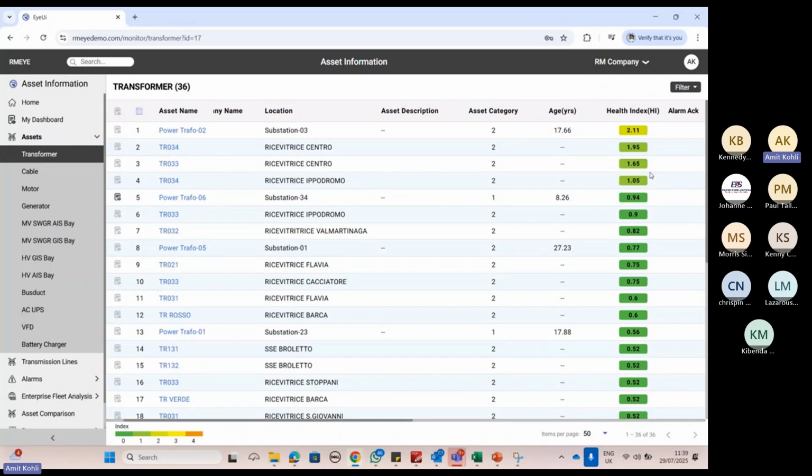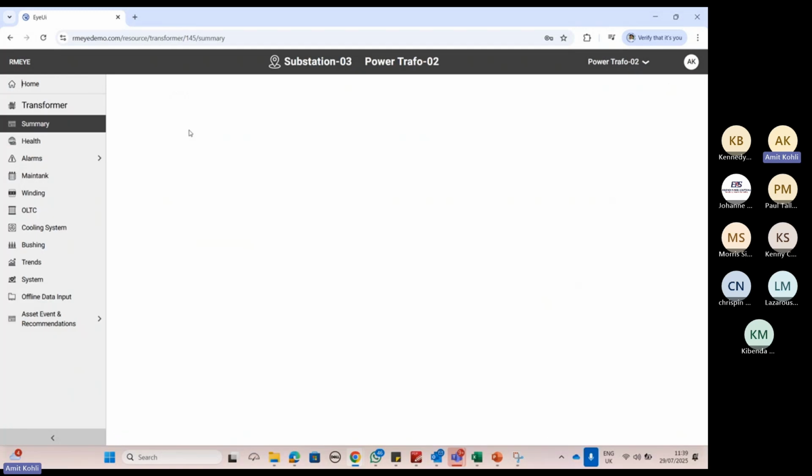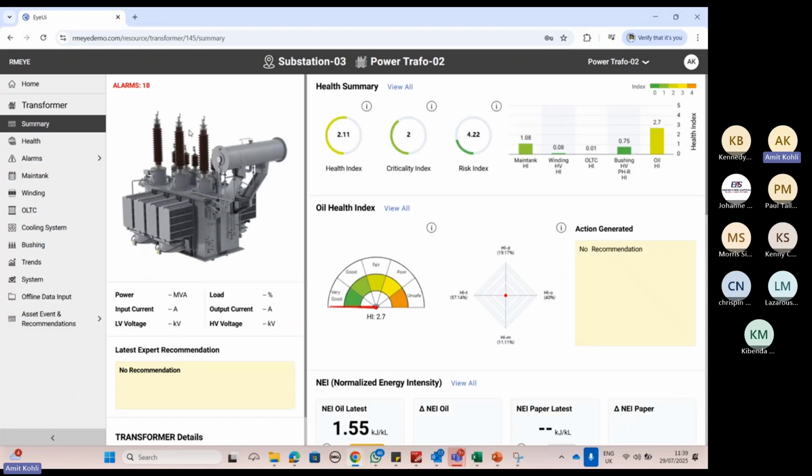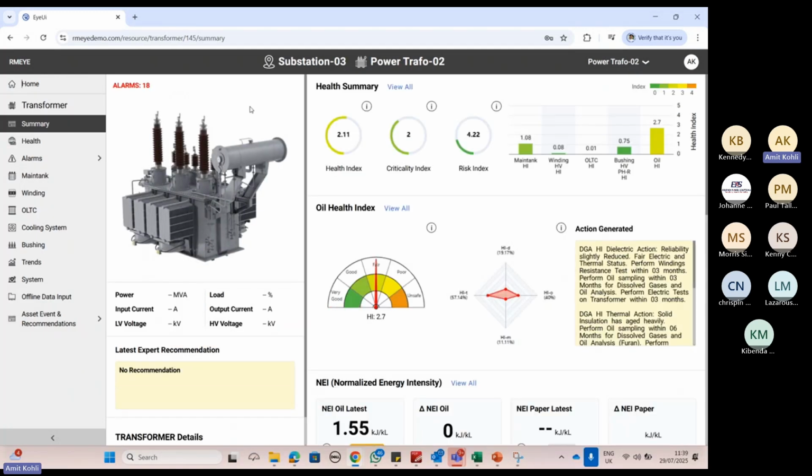These transformers are in my amber zone, or they are not better than the other green transformers. So I'll be more interested to see what's happening in these four transformers. And if I click on the first transformer, it takes me to the transformer level view. Then it tells me what's happening in this transformer.